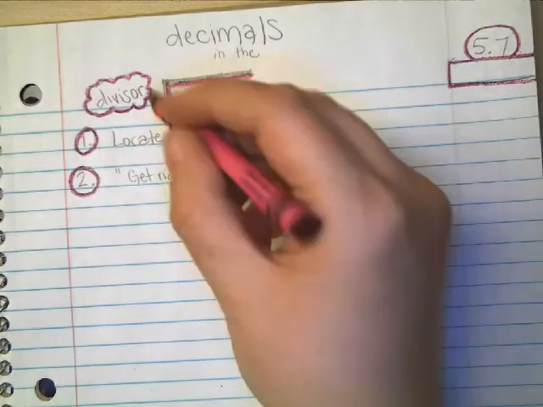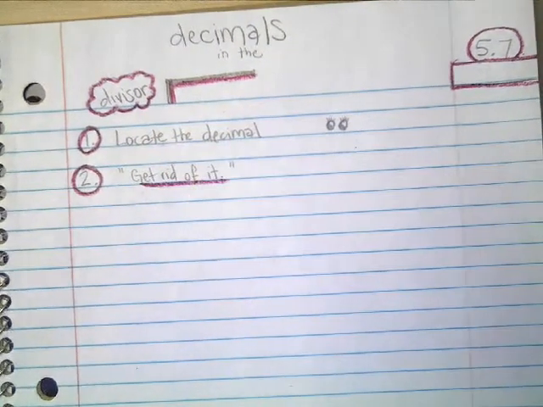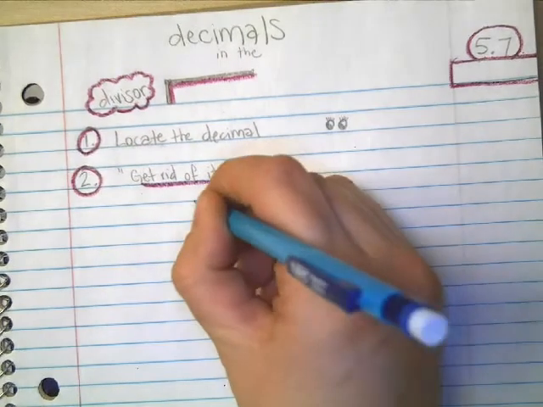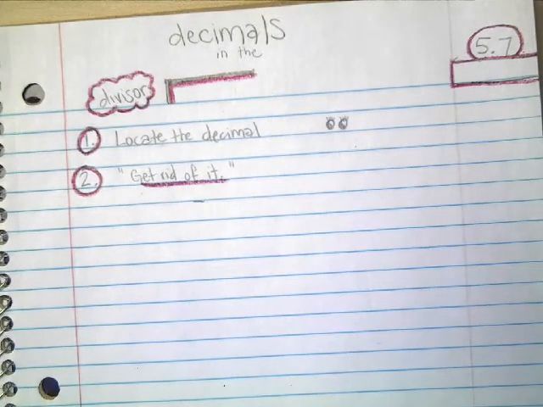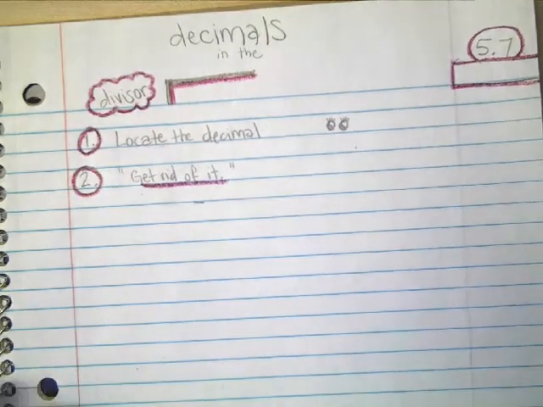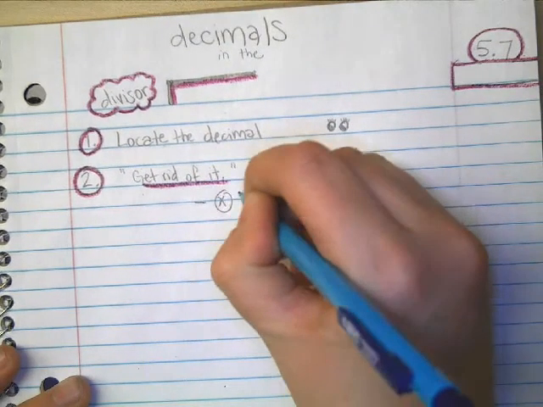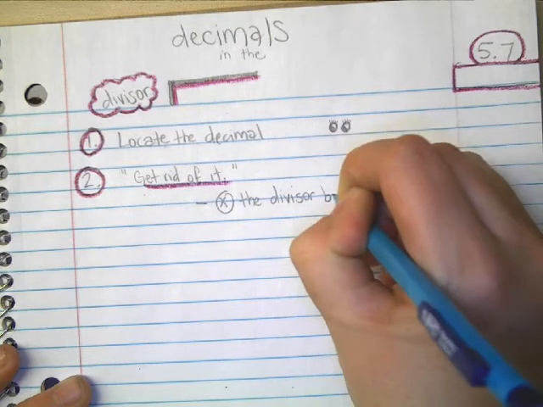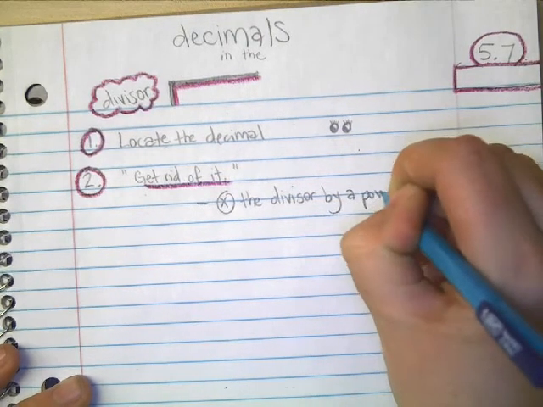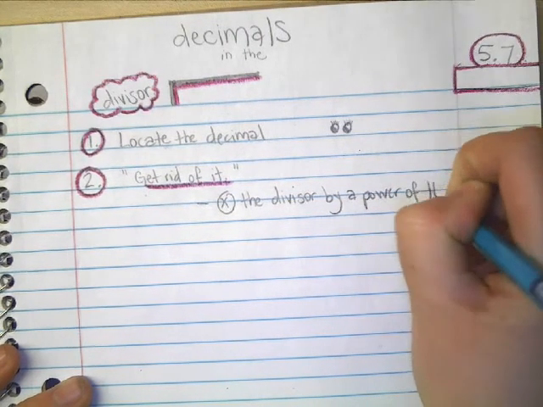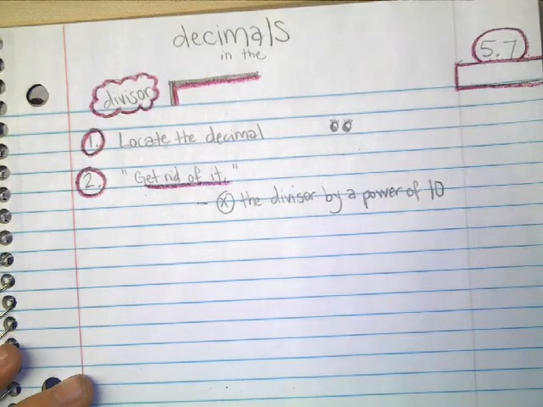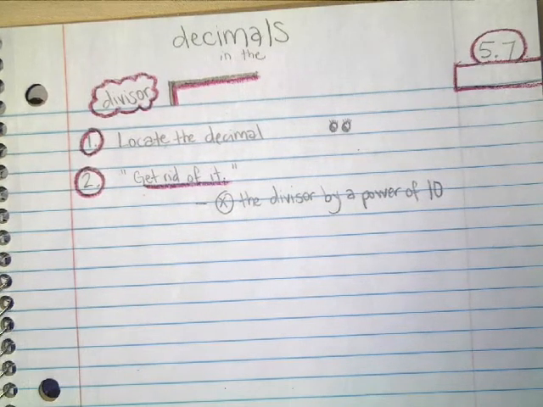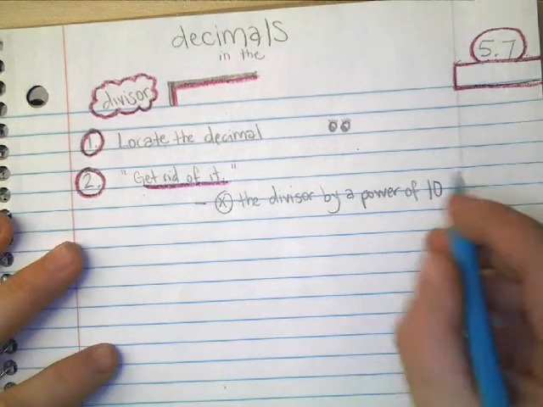So when we get rid of it, well, here is what is actually happening. You're going to multiply the divisor by a power of 10 to get rid of the decimal and make the divisor be a whole number.